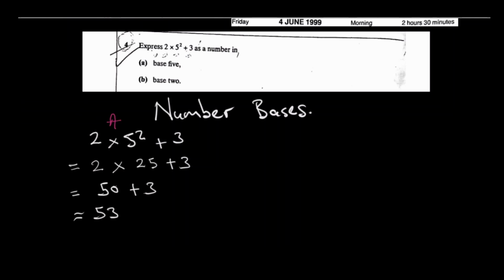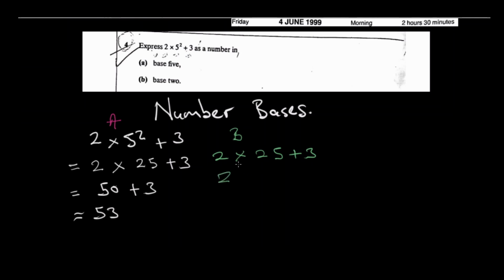Let us look at the solution of student B to the same question. Student B says, yes, it's 2 times 25 plus 3, but I want to add first. You see, I just love adding, it's more natural.